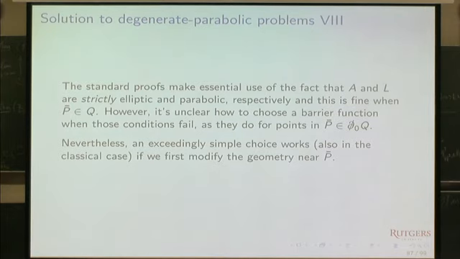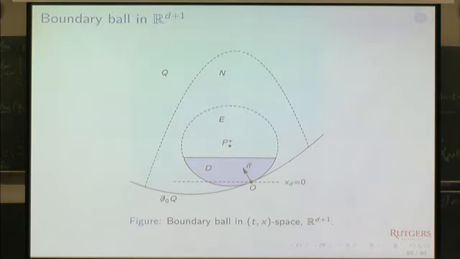When that's not the case near this point, it's not so clear how to choose a barrier function. So the trick is to apply a coordinate transformation to modify the geometry, so that a choice of barrier function becomes more obvious.